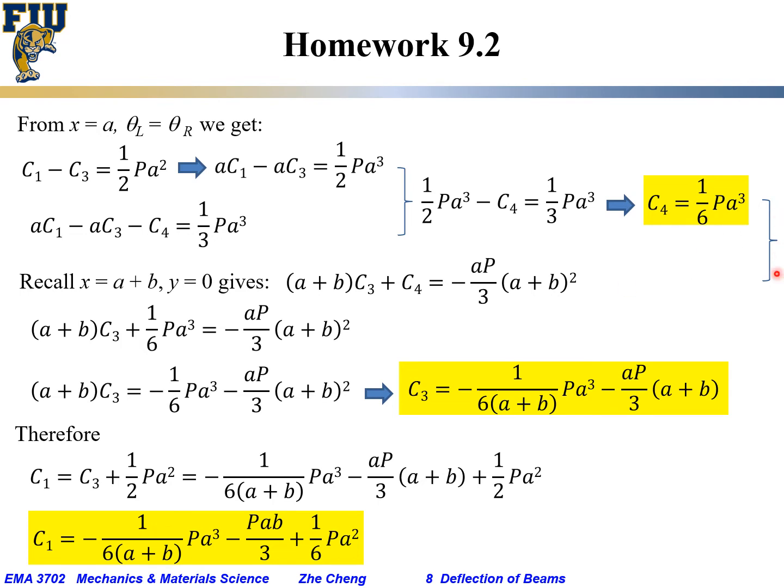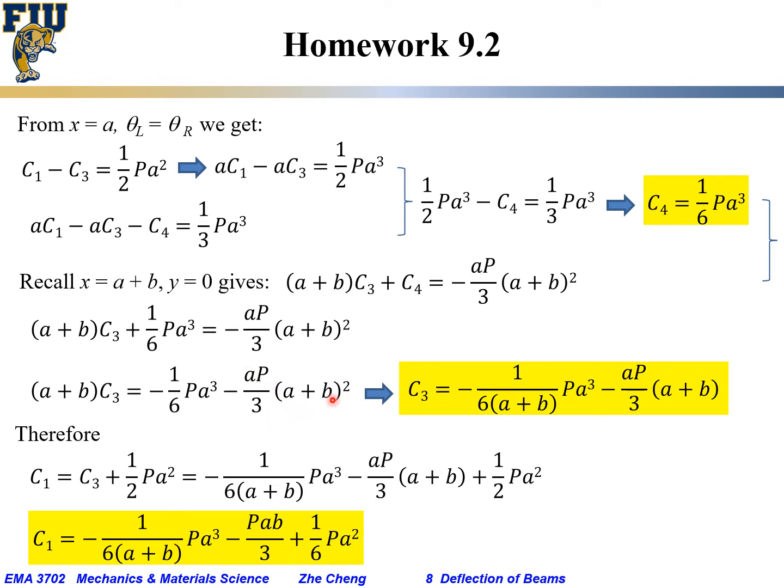And with these two equations, we would have (a plus b) C3 plus a 1 over 6 PA cubed equals this whole thing. So (a plus b) times C3 would be minus 1 over 6 PA cubed minus AP over 3 (a plus b) squared.